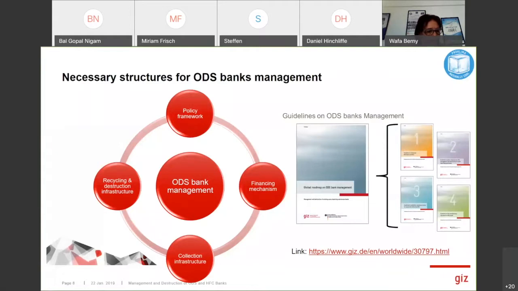For example, a venting ban or mandatory recovery of ODS for destruction, recycling, or reclamation. These are typical examples of national regulations.